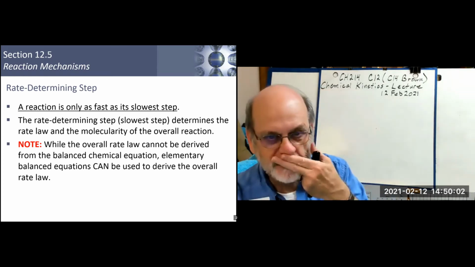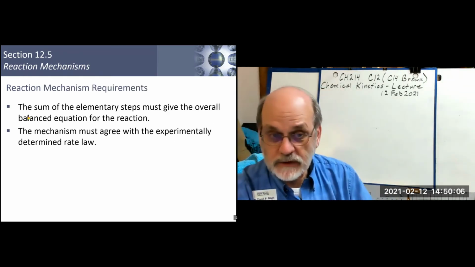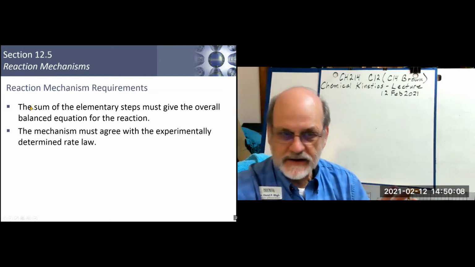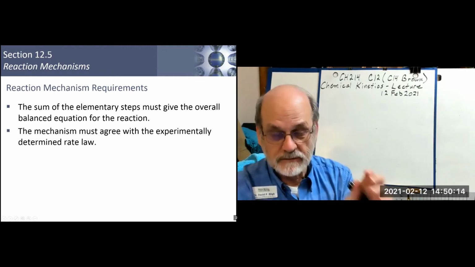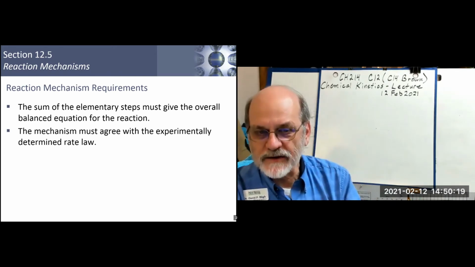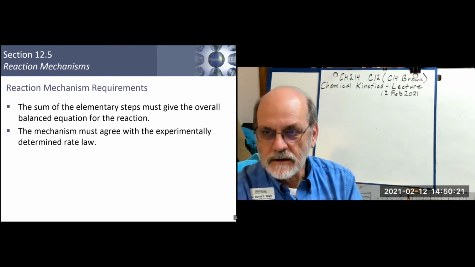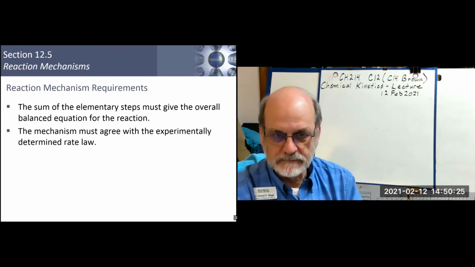Okay. I've already mentioned this one, requirements for the mechanism. When you sum up all the elementary steps using the rules from Hess's law, then the overall balanced equation must be identical to the sum of the elementary steps.